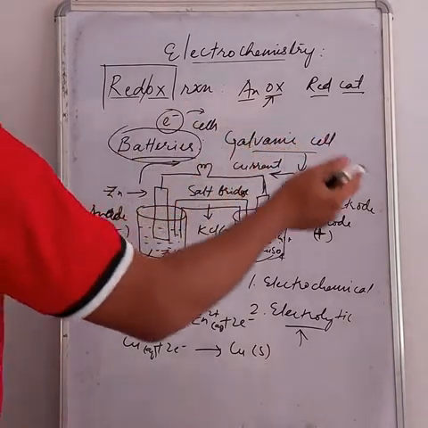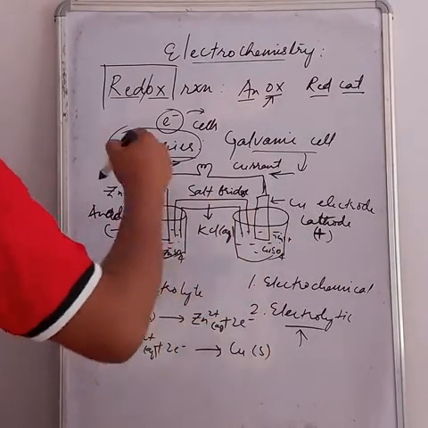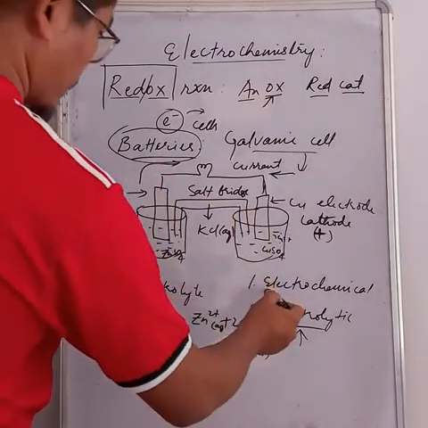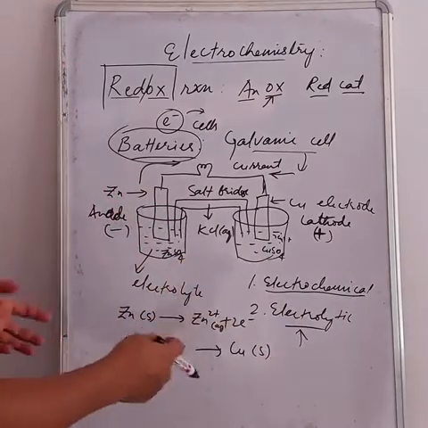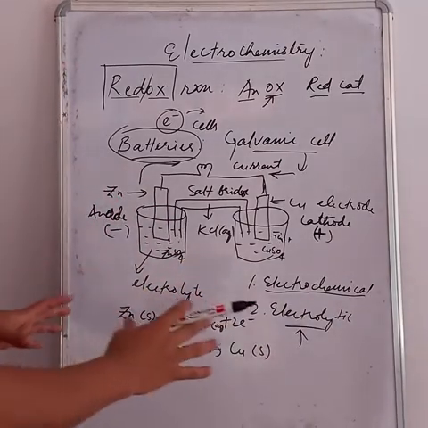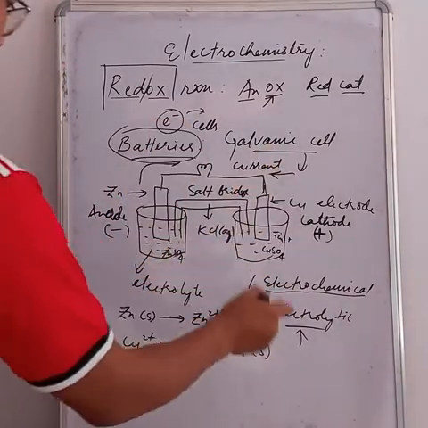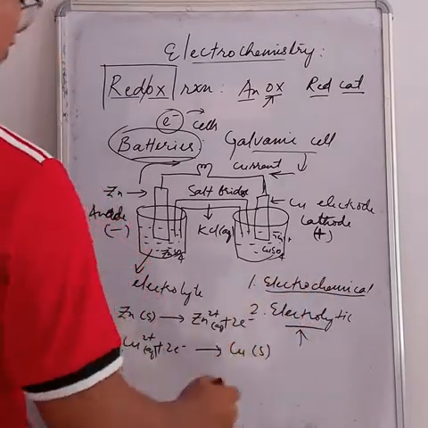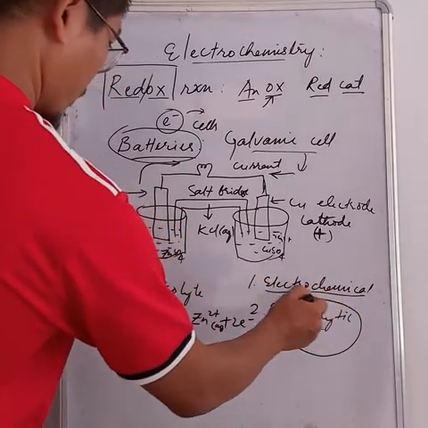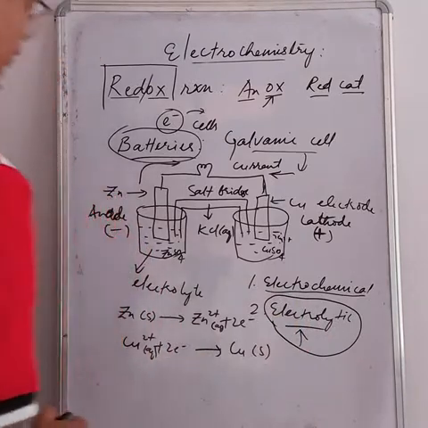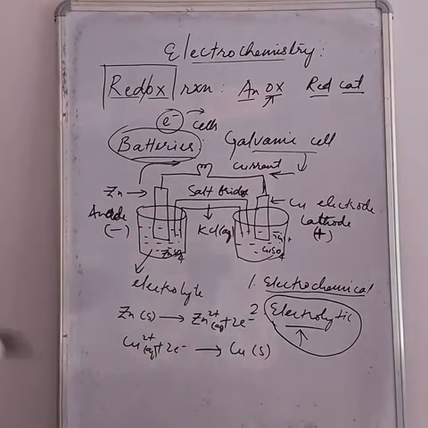Once the electrochemical process is complete, that means the battery is fully discharged, you have to supply current in order to charge it. And during the charging process, it behaves as an electrolytic cell. That is the basic difference between an electrochemical cell and an electrolytic cell.